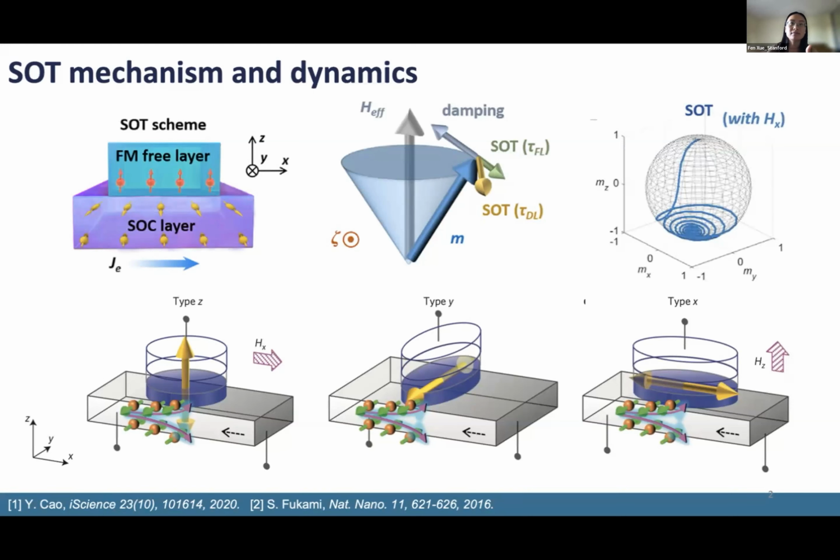In type X, if the current channel cannot align well with the magnetic anisotropy direction, there's some misalignment, but it's kind of a type XY structure, which is actually not bad. So we are working on some type X fabricated devices, and we will see whether we get good results when it works in the nanosecond regime.